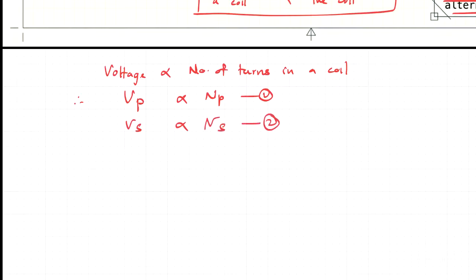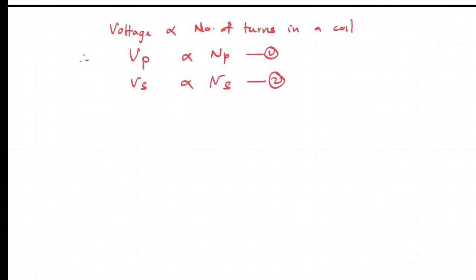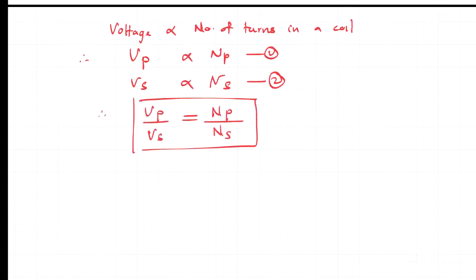This is the second equation. If we need an expression we can use for calculations, we need to link these two. So finally, Vp over Vs, the primary voltage over the secondary voltage, is equal to the turns ratio, Np over Ns. This is your last equation.